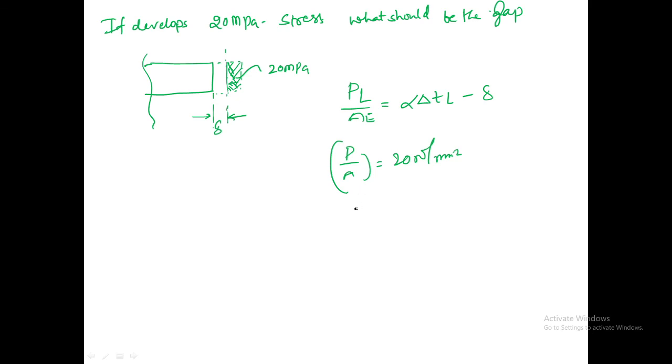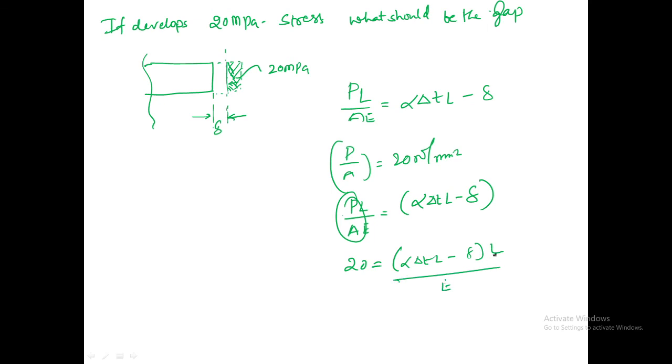PL by AE equals alpha delta T L minus delta. P by A you substitute as 20. Now you get alpha delta T L divided by E, and you will get L here. If you simplify this, you are going to get the value of delta.